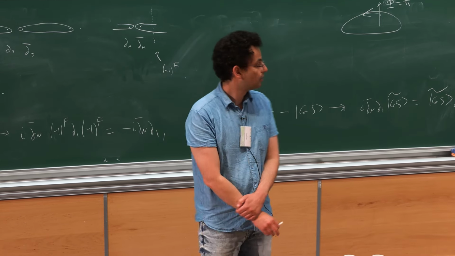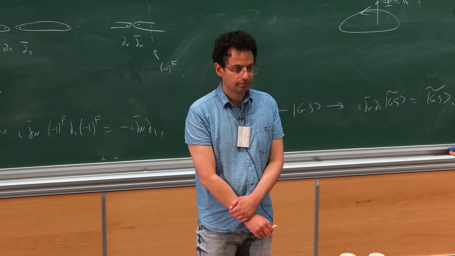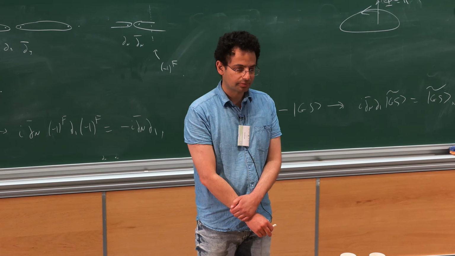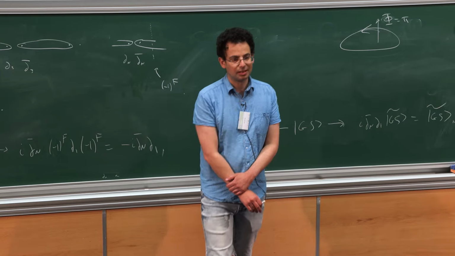Yes? Is it a matter of convention which one is +1 and which one is -1, for the twisted versus untwisted spatial boundary condition? It is somewhat a matter of convention.